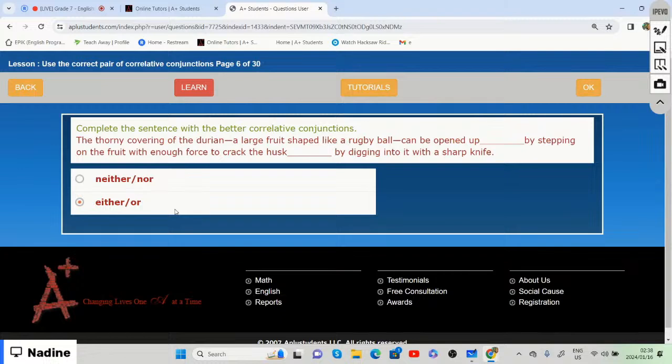So we say the thorny covering of the durian.